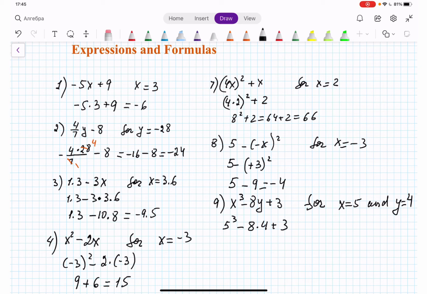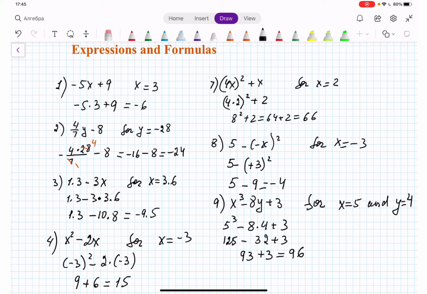So from here, what do we have? 5 to power 3, it's 5 times 5 times 5, it's 125. Minus 8 times 4 is 32 and plus 3. 125 minus 32, it's going to be 5 minus 2 is 3. 12 minus 3 is 9. 93 plus 3. And we are getting 96.